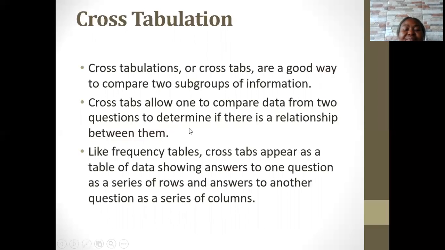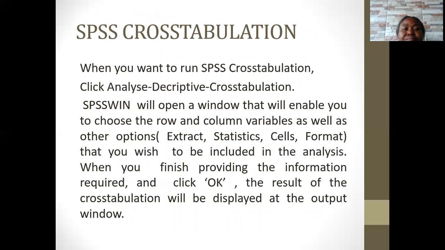Like frequency tables, crosstabs appear as a table of data showing answers to one question as a series of rows and answers to another question as a series of columns. When you want to run SPSS cross-tabulation, it's easy. You click Analyze, Descriptive, Crosstabs.